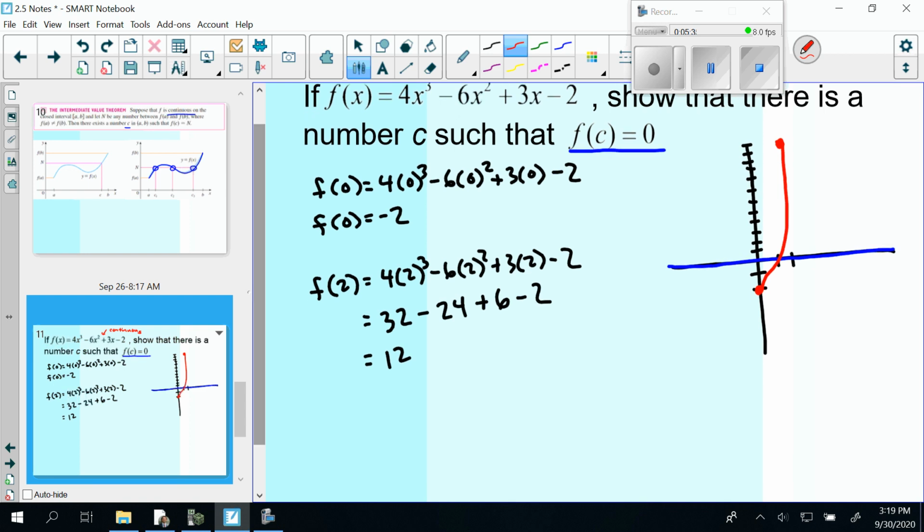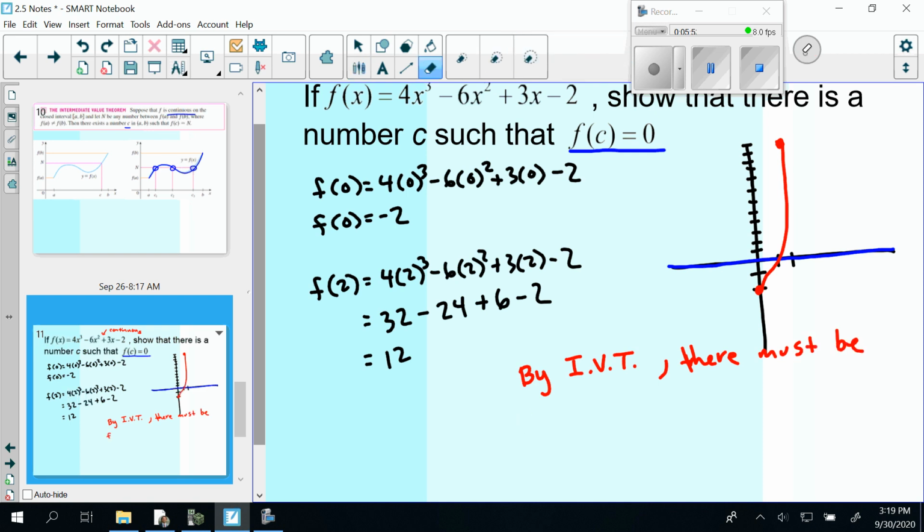So what we can say is by the intermediate value theorem, there must be a place where f of c equals 0 somewhere in between, where that c value, that's our x value, is somewhere in our closed interval here.